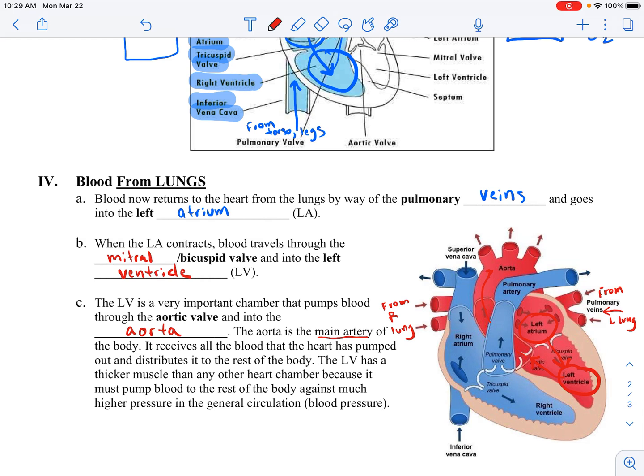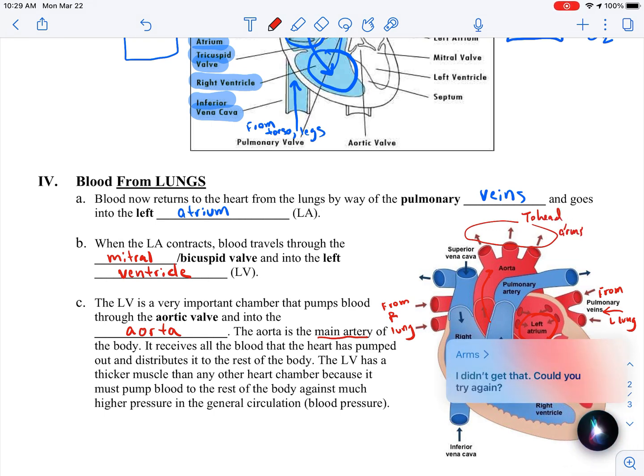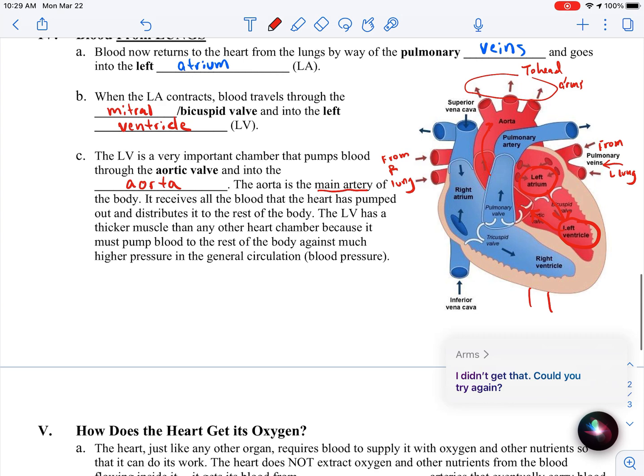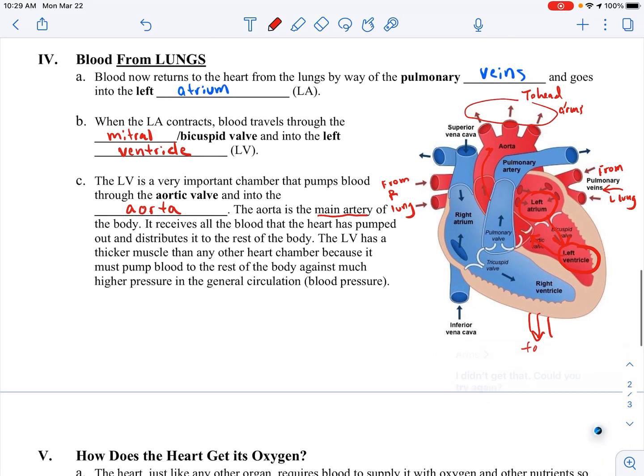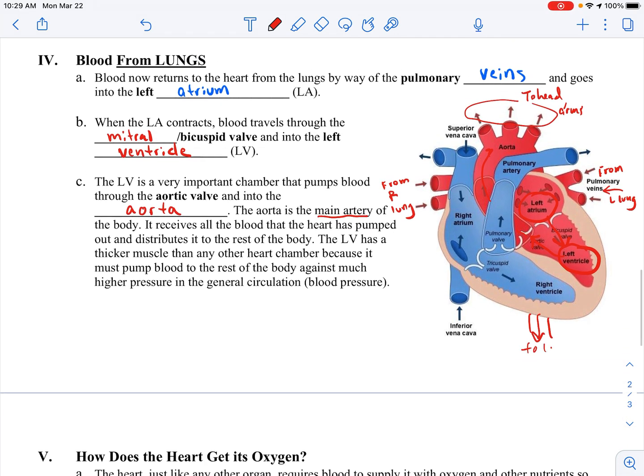So you'll have sections that will branch and go toward the head and torso.